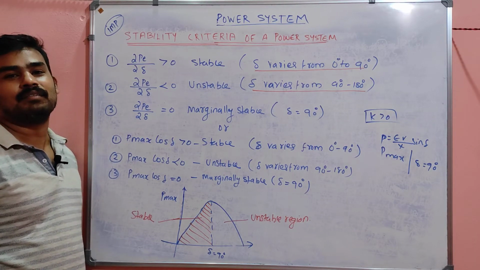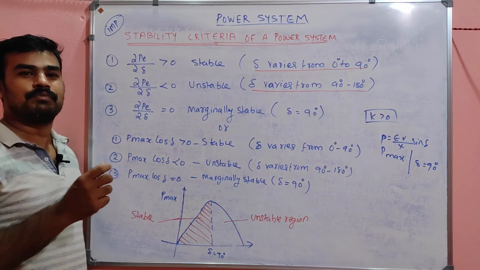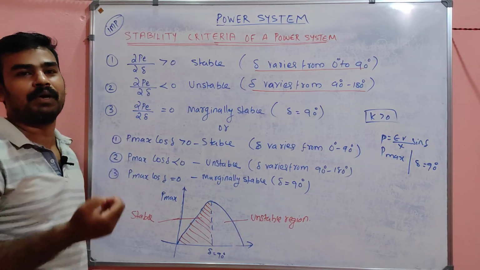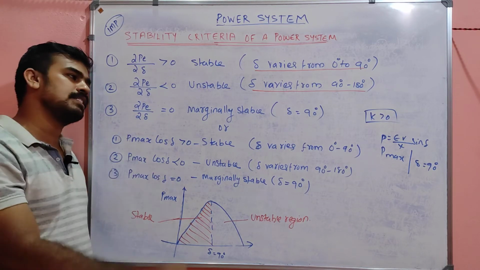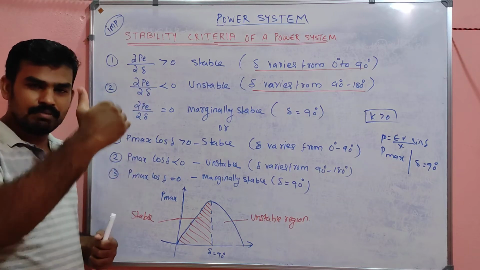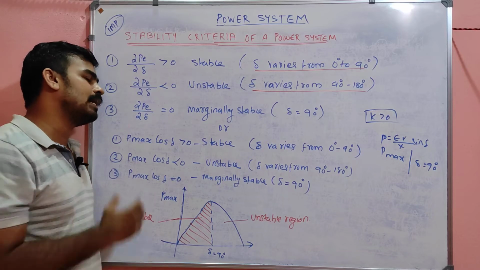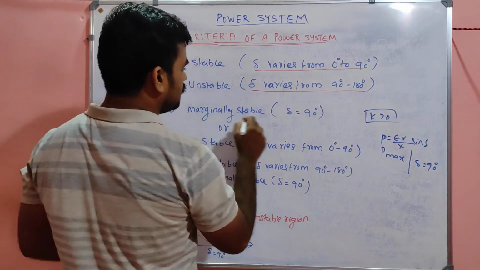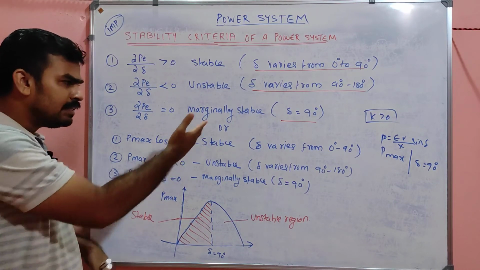He will fall down, right? So that type of narrow bridge is actually the marginally stable point. If we slightly increase del, the system will get into instability. Below del, there will be no problem. Below 90, it is always stable. So marginal stability means always at the edge of stability, which is nothing but del equal to 90 degree.